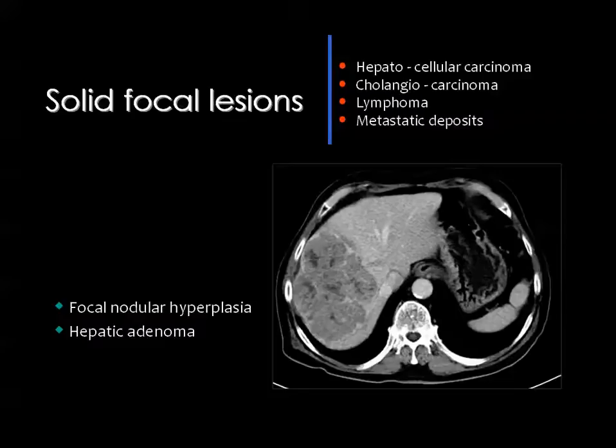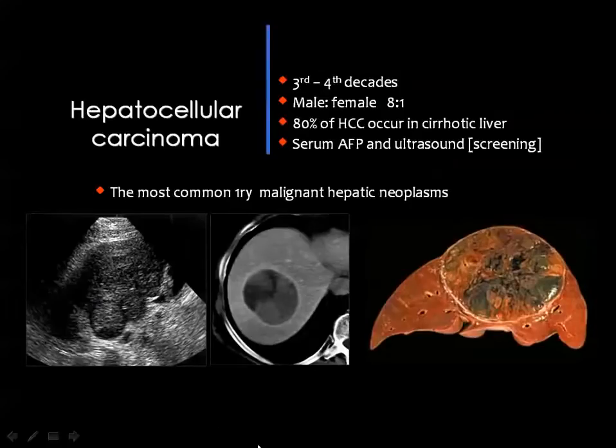The four common solid malignant lesions in the liver are the hepatocellular carcinoma, the cholangiocarcinoma, the lymphoma, and the metastatic deposits. Then we'll have this benign aspect of solid lesions, including the focal nodular hyperplasia and the hepatic adenoma.